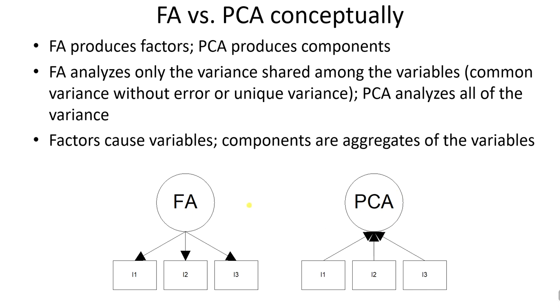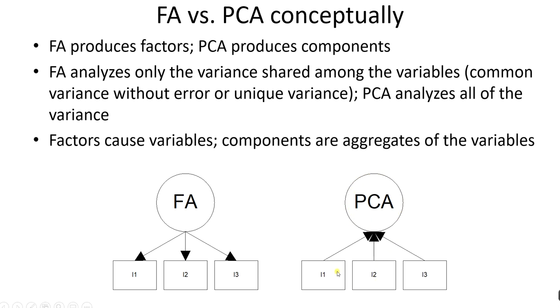Factor analysis yields a latent variable, but this latent variable is a reflective latent variable that I have discussed in my earlier class. A reflective latent variable is one in which the latent variable is assumed to cause variations in the observed variables, whereas principal component analysis yields a formative latent variable, meaning it assumes that the latent variable is formed by the variables.